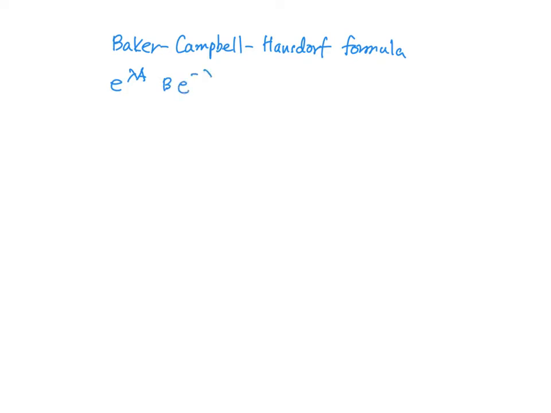Previously, we have considered the Baker-Campbell-Hausdorff formula, which relates to the operator product exponential lambda A, B exponential minus lambda A, which is expressed by this formula: lambda [A,B] plus lambda square over 2 [A,[A,B]] dot dot dot.